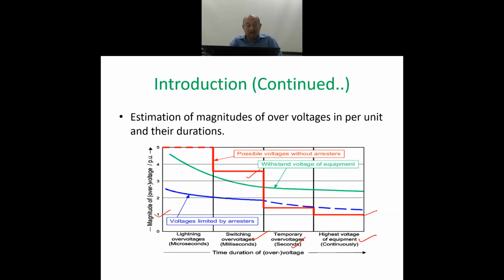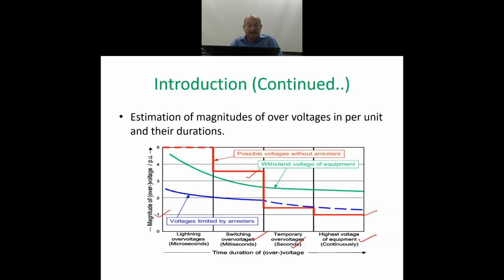So the difference between switching and lightning overvoltages is that switching overvoltages, and we'll discuss their shape, have a duration of rise and fall of the impulse wave in milliseconds, whereas lightning overvoltage lasts in microseconds.